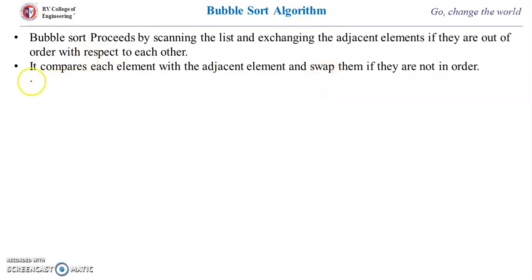That is, array[j] will be compared with array[j+1]. These are the adjacent elements, and if array[j] is greater than array[j+1], then they will be swapped.